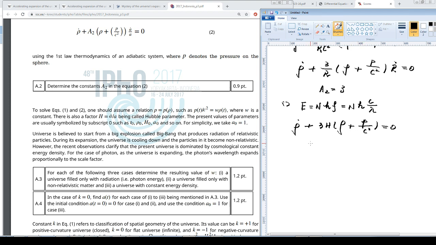And we also know that P over c squared is rho, w rho.